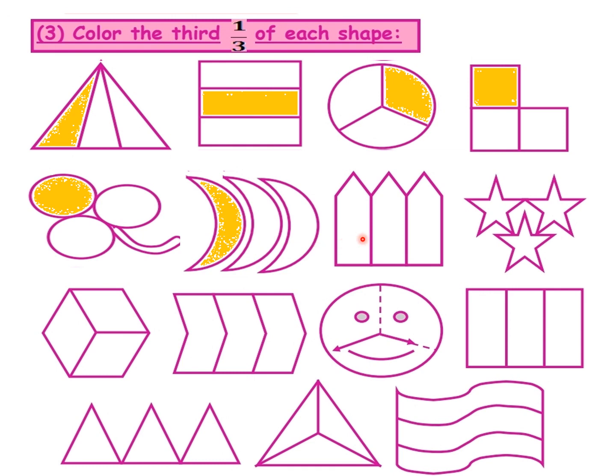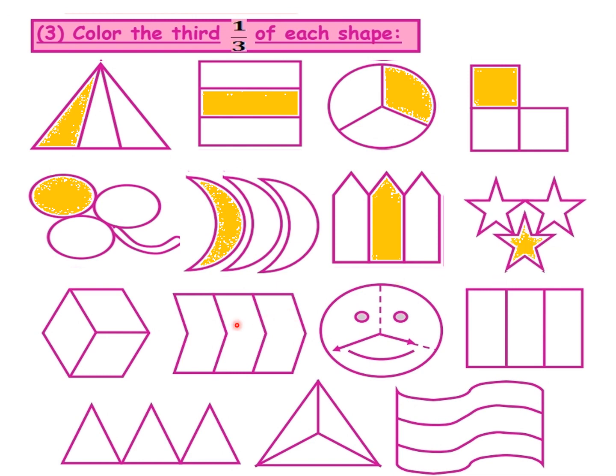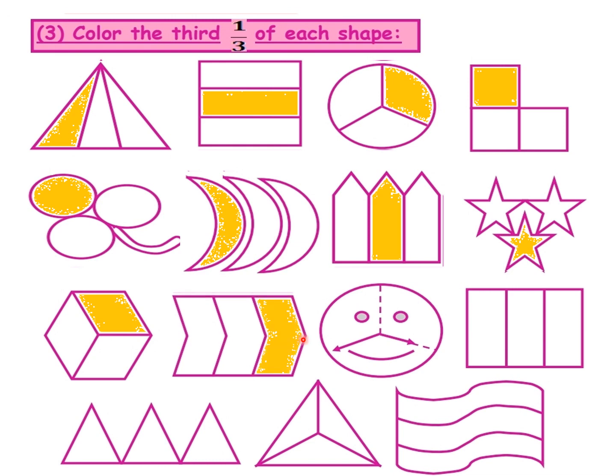I have here 3 stars and I want to color the third of them, so I color 1 out of 3. And I have here 3 parts and I want to color third of them, so I color 1 out of 3. 1, 2, 3, and I want to color the third, so I color 1 out of 3.